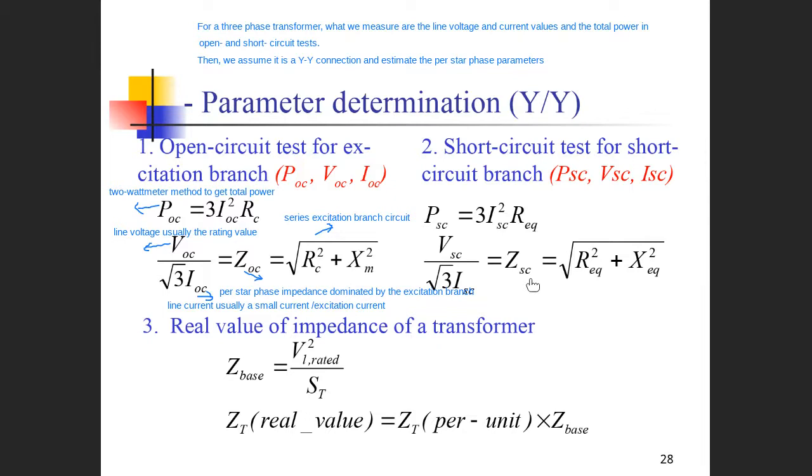Most of the input power is consumed by the internal resistance. Meanwhile, the impedance per phase is dominated by the internal coil's impedance rather than the excitation branch.